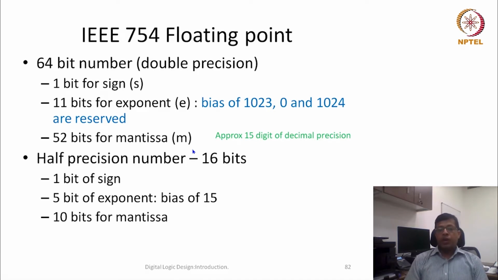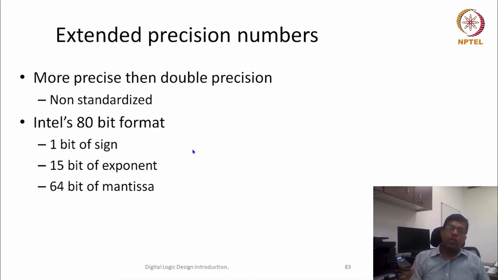Okay, so what if I would like to have even more precision than double precision floating point numbers? In that case, for some time in the past, different vendors were trying to invent their own standardization.